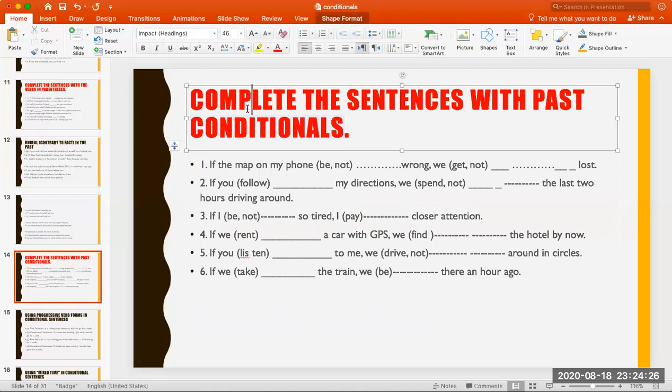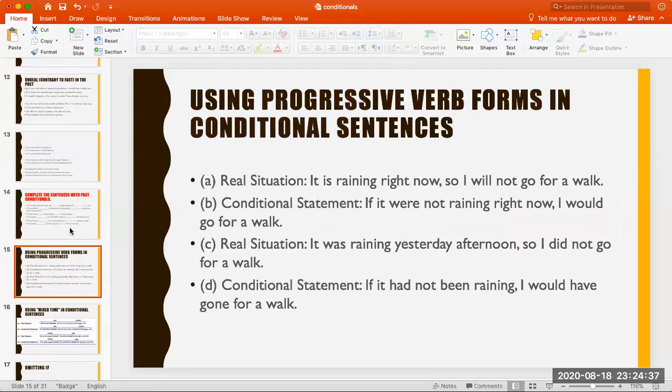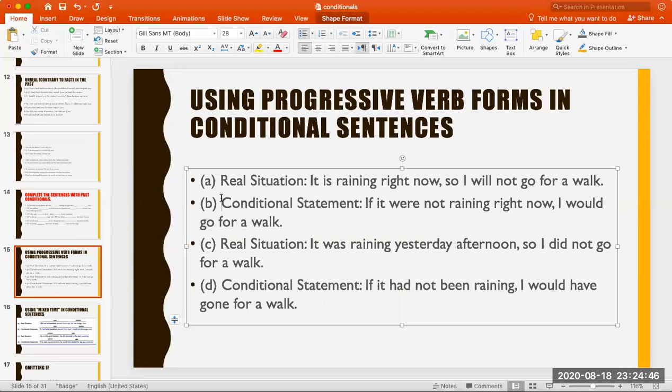Again, this is another exercise. Complete the sentences using the right form. Pay attention to the tense in the first part of the sentence and the second part of the sentence. Always remember, after would, can, could, shall, should, we use the basic form of the verb, the infinitive without to.